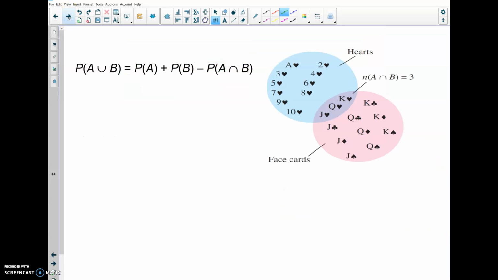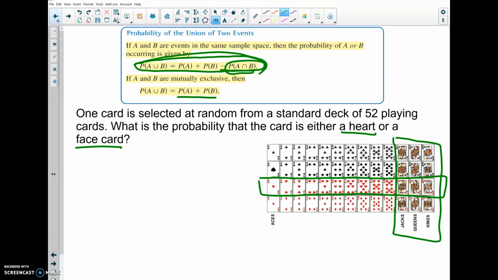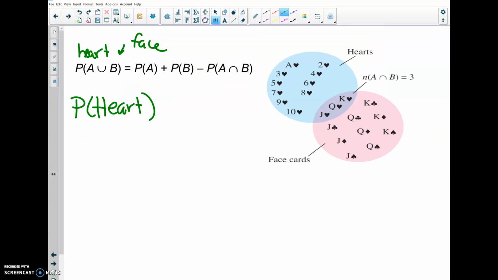So the probability A was heart, and B was face card. The probability of a card being a heart: if we need to look back here, how many were there? 1, 2, 3, 4, 5, 6, 7, 8, 9, 10, 11, 12, 13. So 13 out of 52.